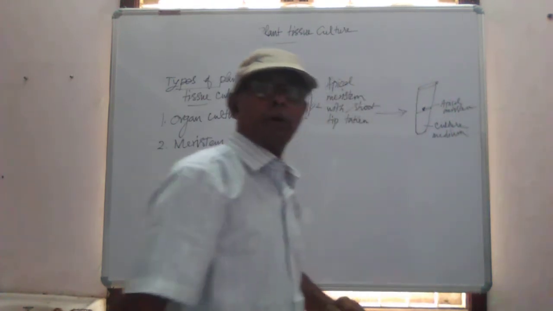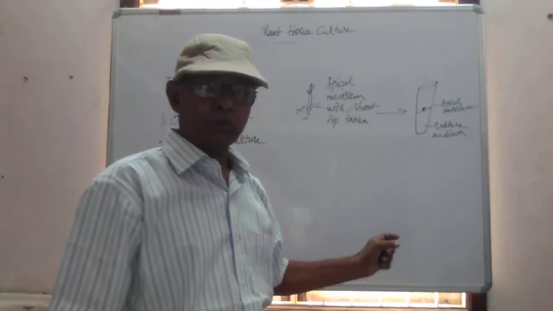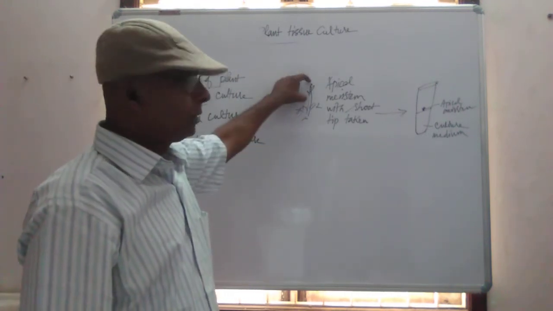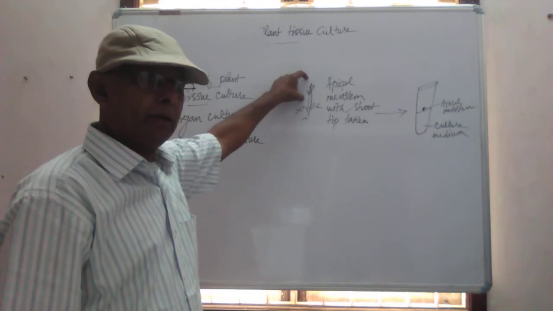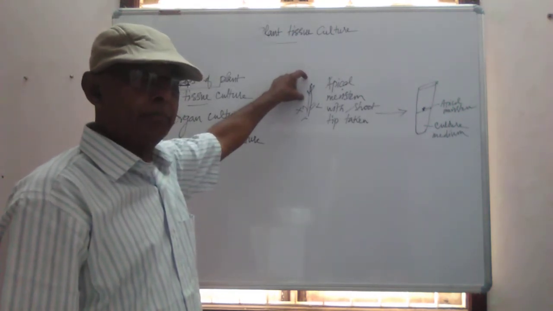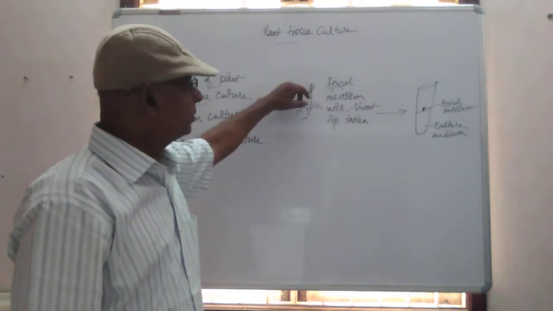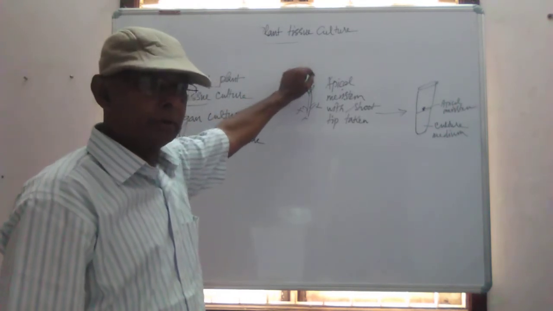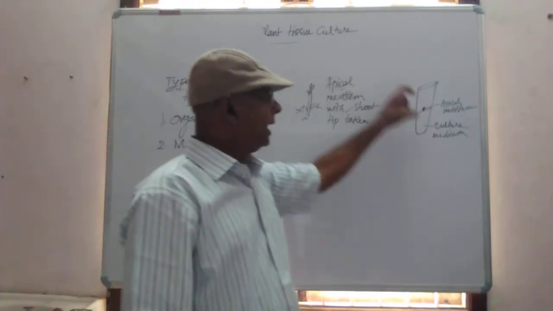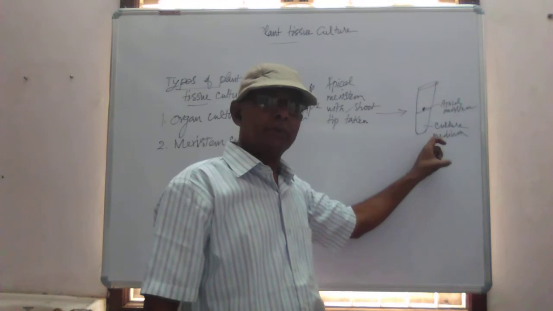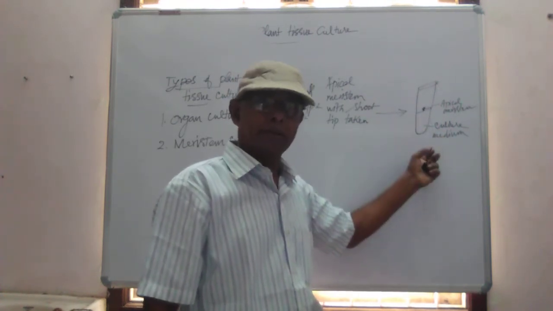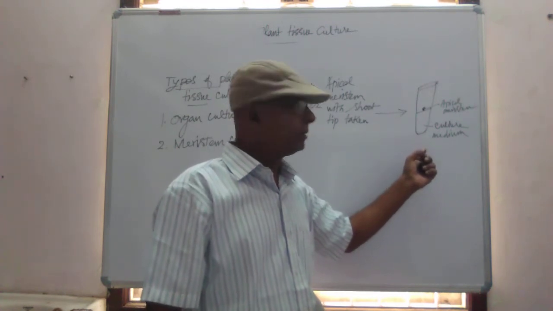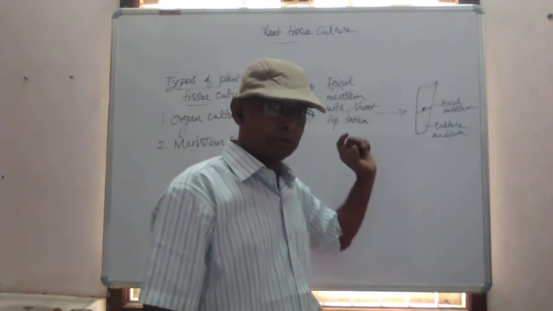Apical meristem can be seen at the tip of the shoot. So the tip alone is cut and removed, and if any leaves are present on the tip, those should also be removed. Only the terminal part of the shoot is taken, and that is transferred to the culture medium in the test tube or any culture vessel, and that is grown.